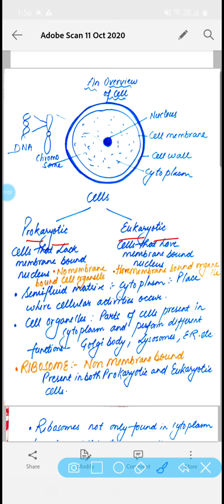So why are we calling it an old-fashioned or undeveloped nucleus?